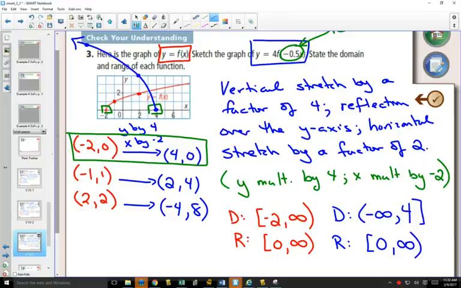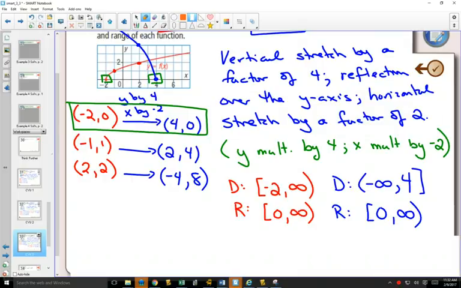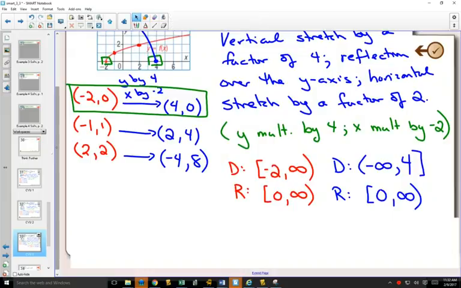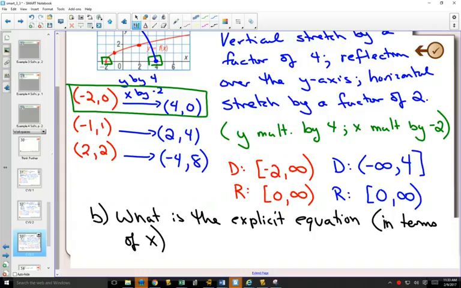I'm going to add a part B and a part C to this. So part B. What is the explicit equation? And an explicit equation is in terms of x. So again, I'm trying to introduce or reintroduce language for you guys.